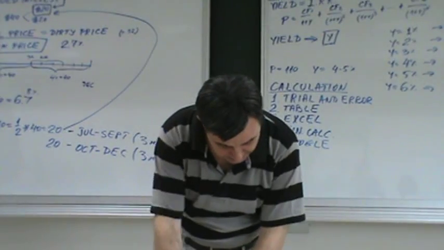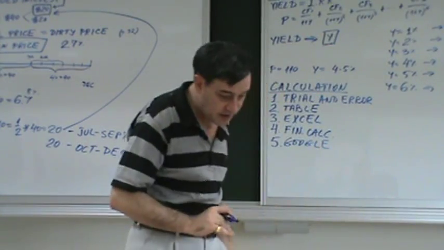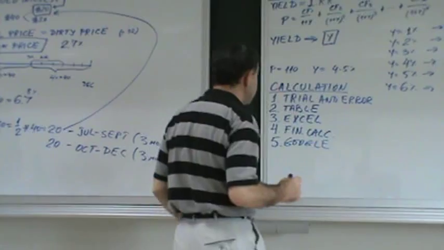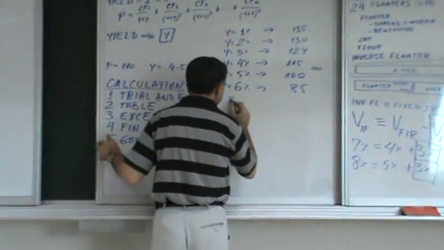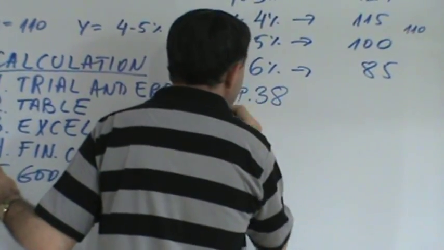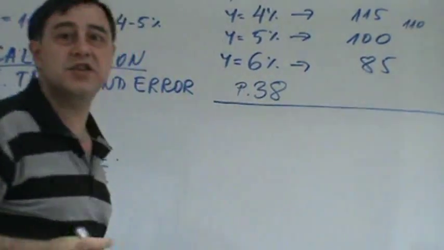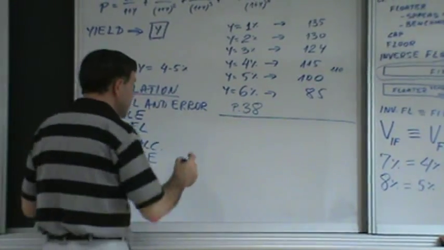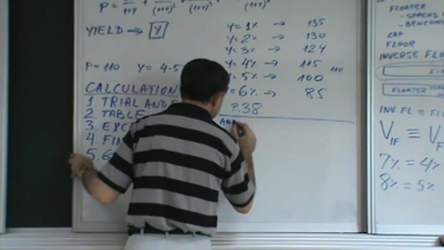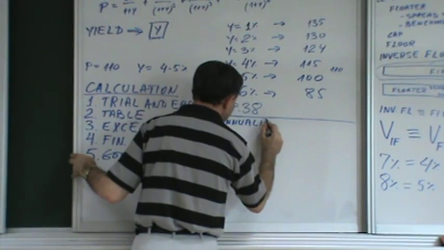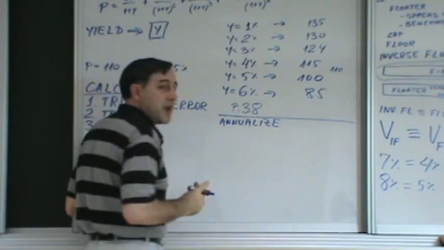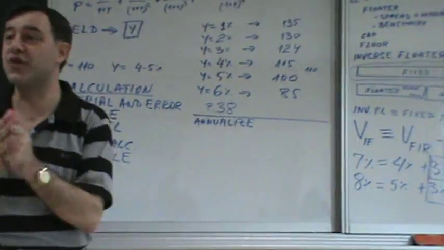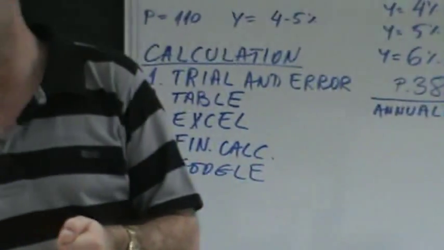Okay, let's see what we have. Page 38. Page 38 gives you the concept of annualization. To annualize means to convert to 1 year.